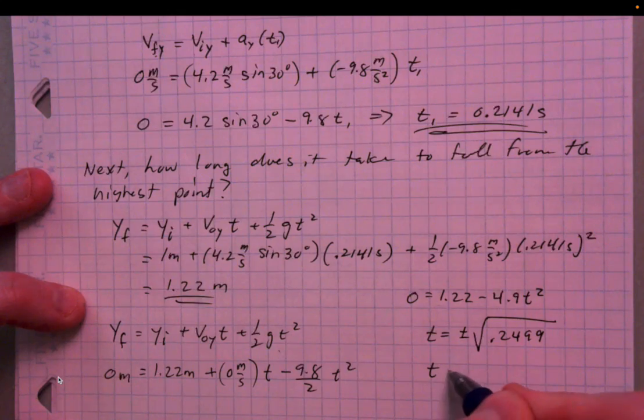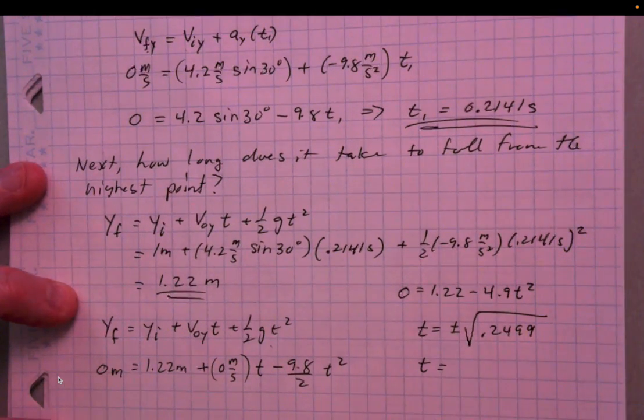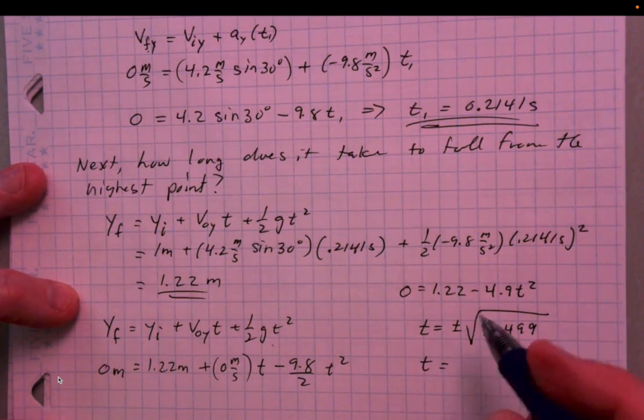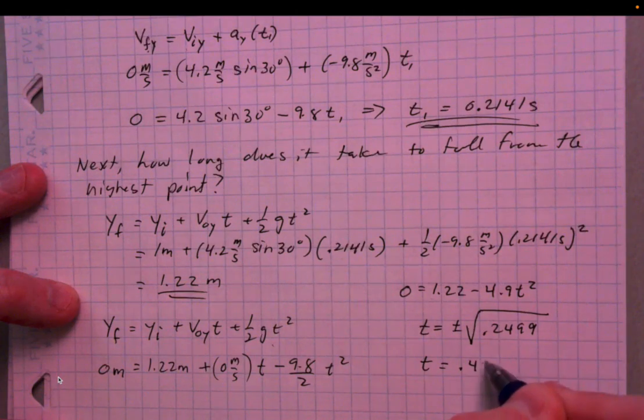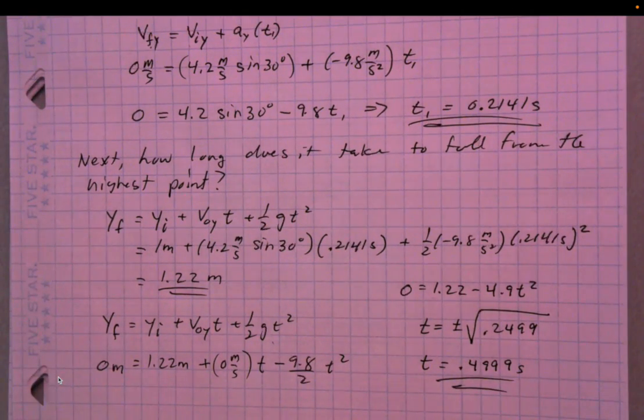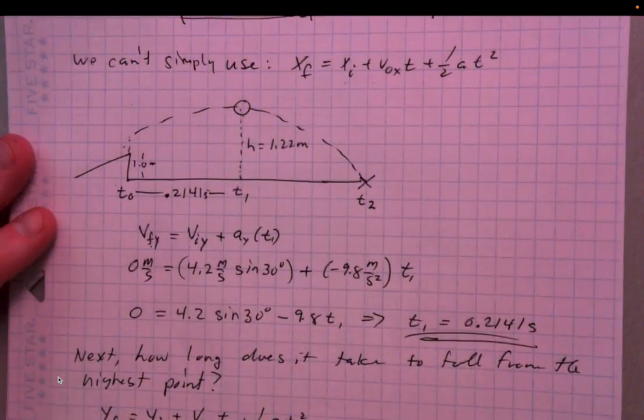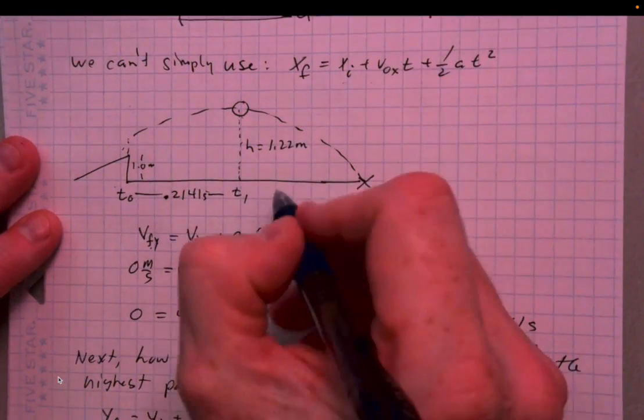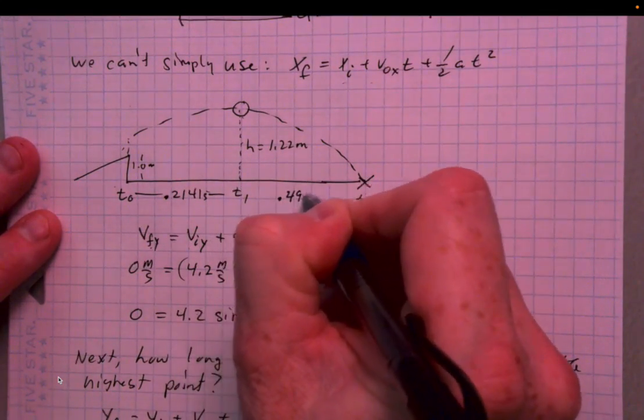Of course, you'll get a positive and a negative answer. The positive answer is what we're interested in here, and that is 0.4999 seconds. So it takes us about 1/2 second to fall from that height. And what does that tell us? Well, that tells us that this piece here is 0.4999.